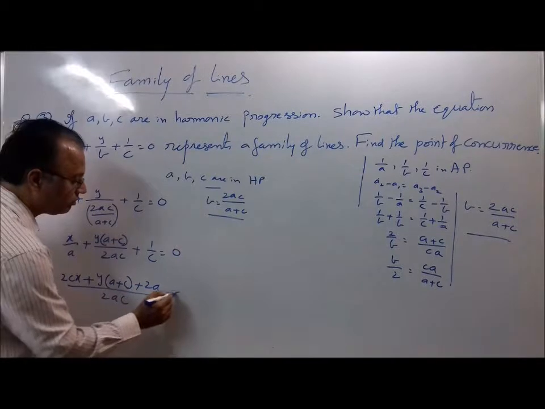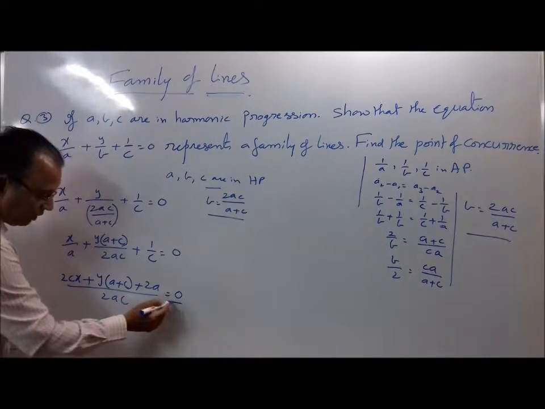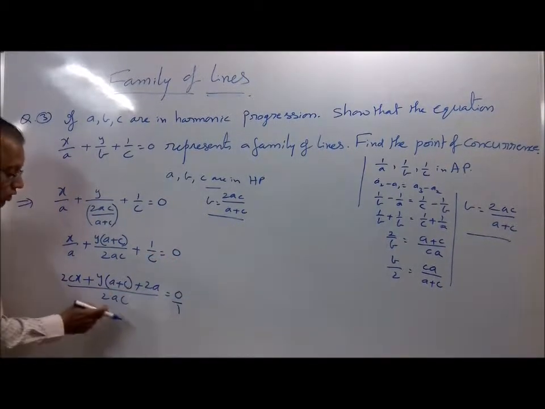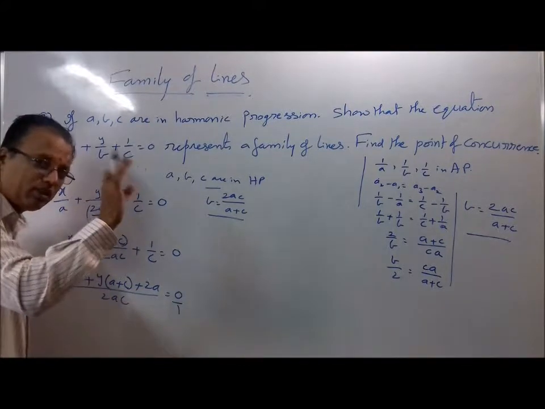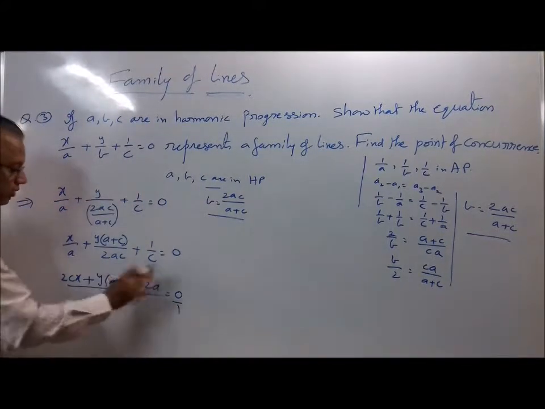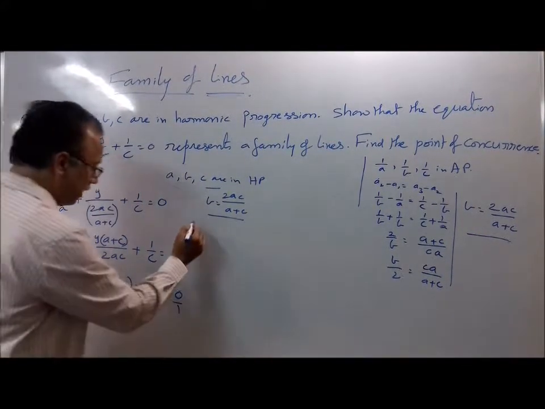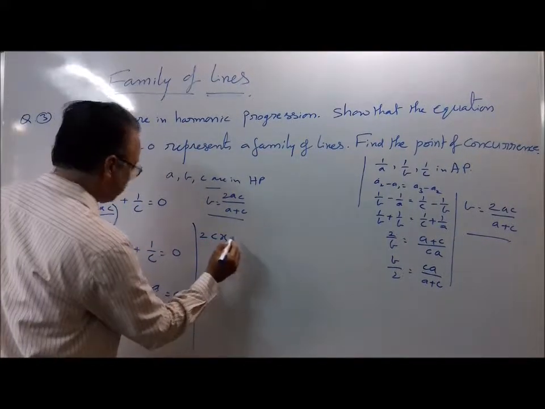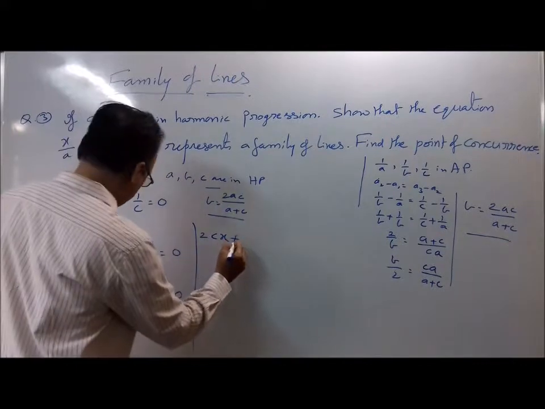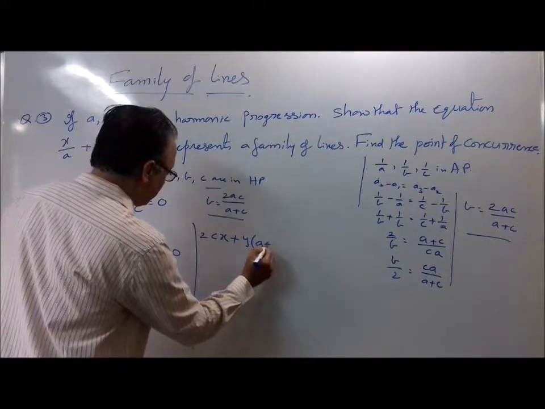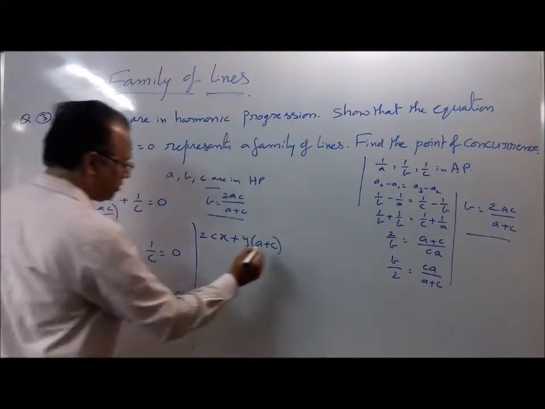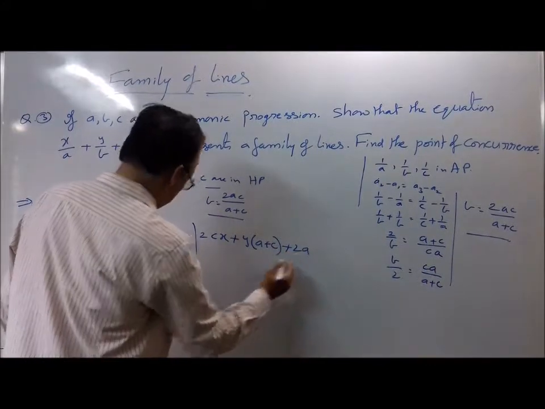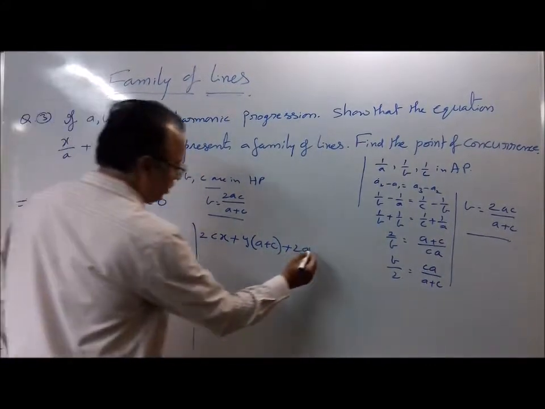Now cross multiplication: 2AC multiplies 0 becomes 0. So what is there? 2Cx plus y into A plus C plus 2A equal to 0.